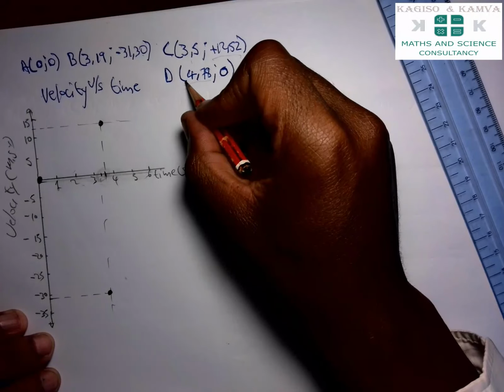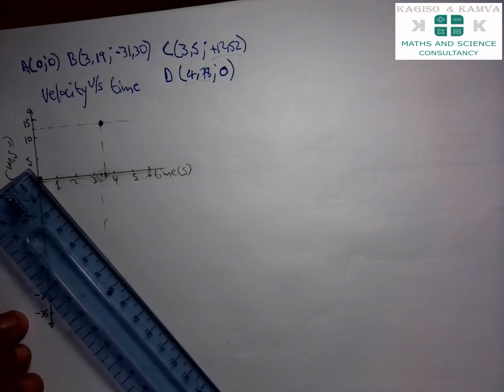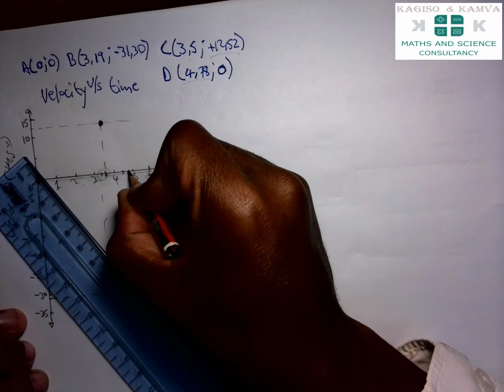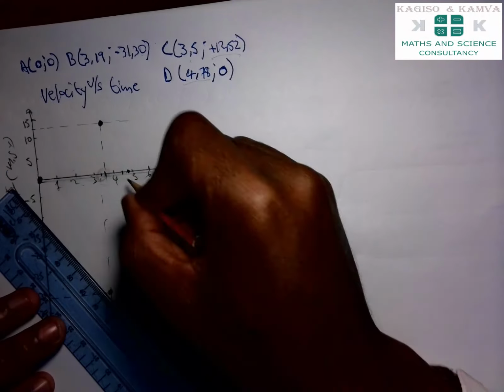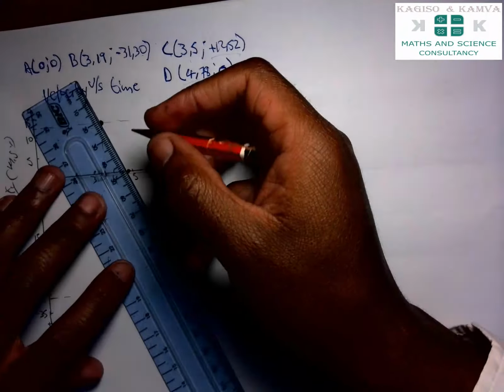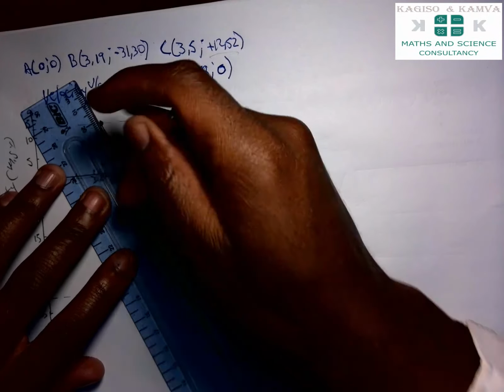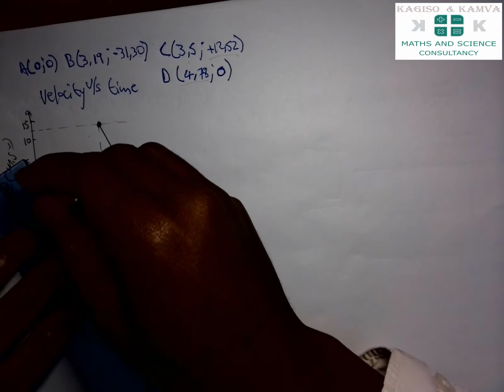Now what is the time when it reaches the maximum height for the second time? The time is 4,78. It's somewhere there. And then the velocity is 0. So this is our point. We join the 2 points, and also we join those 2 points.